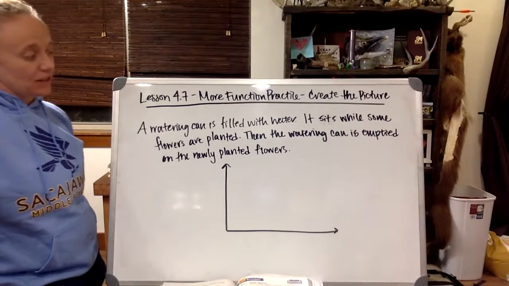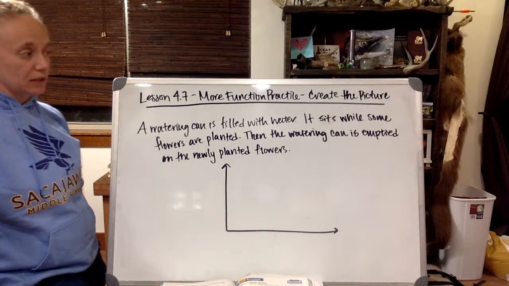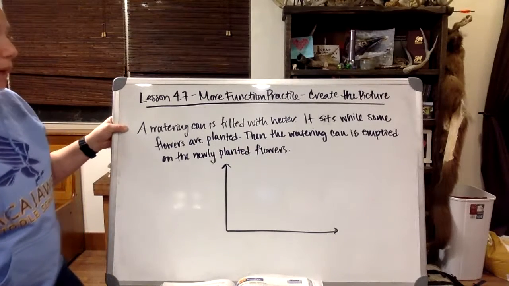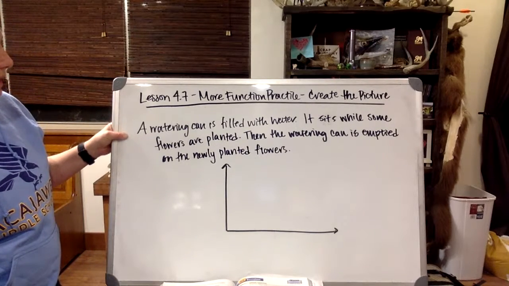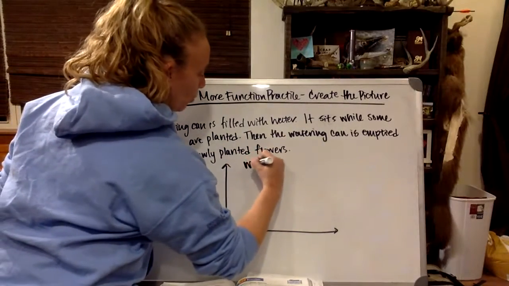So let's talk about labels, and then let's talk about continuous versus discrete, and then we will draw it. So a watering can was filled with water, and then we're talking about flowers. I'm just going to call this graph the watering can.